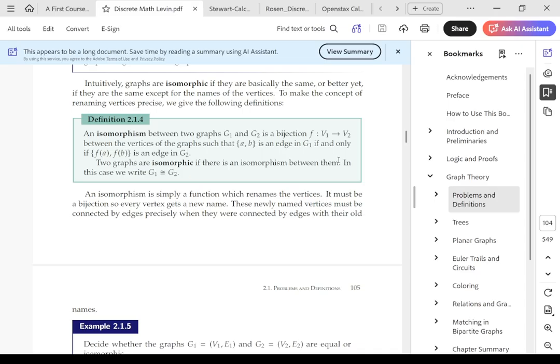If there is an isomorphism between them, the graphs are isomorphic, and we write G1, with that little symbol, is isomorphic to G2. So again, we're redefining that symbol when talking about graphs.